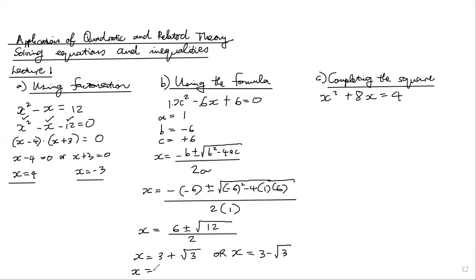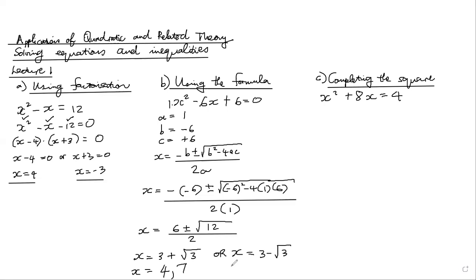So let's solve this using decimal places. So I'm punching this into a calculator. Just check the answer in decimal format. So 3 plus square root 3 gives us 4,73. So that's 2 decimal places.